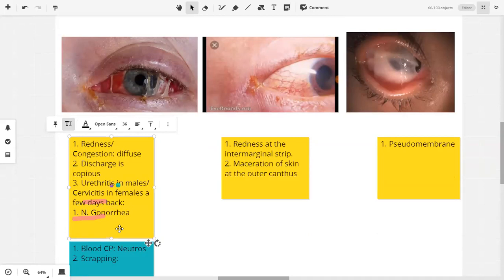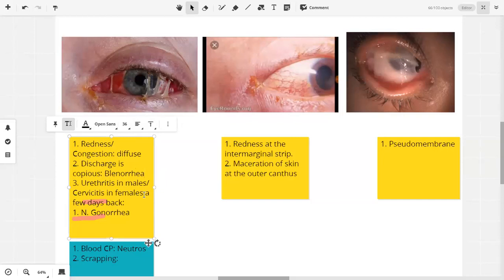Now, this is important. आपने याद रखना है कि why this patient is Neisseria gonorrhea and what the typical history is. Redness, congestion, which is diffuse, discharge, which is copious. This type of conjunctivitis, it's called, if anyone knows, a blenorrhea.